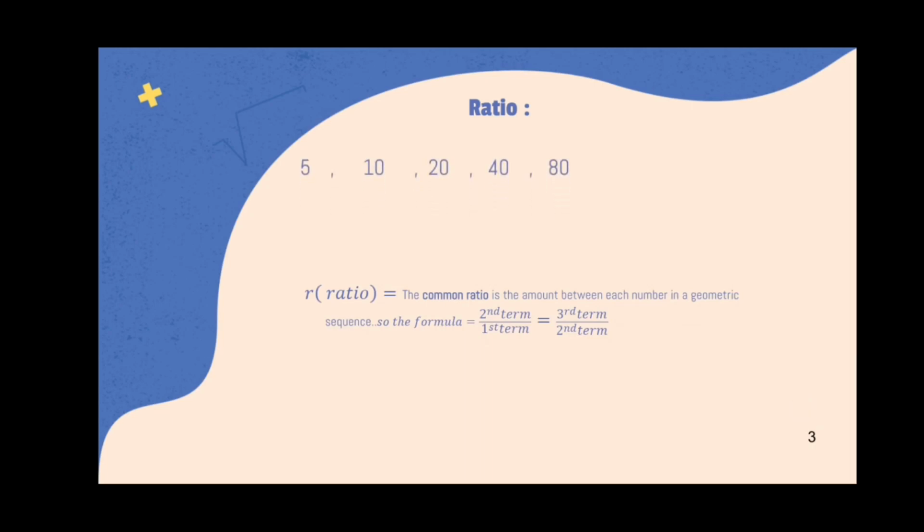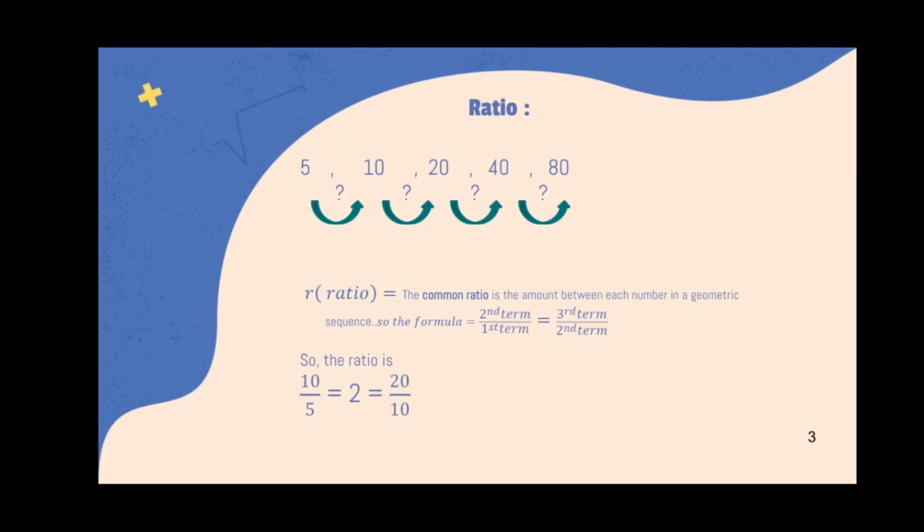Okay, for example, there is a sequence of 5, 10, 20, 40, and 80. What is the ratio of this sequence? The ratio is 2. Why? Because we know that the second term is 10 and the first term is 5.